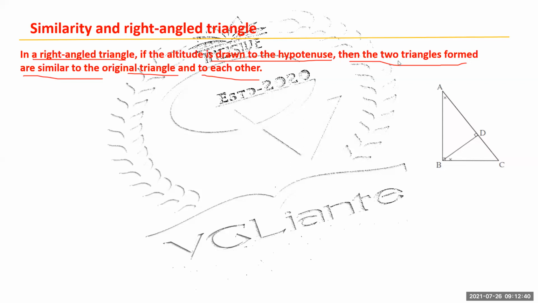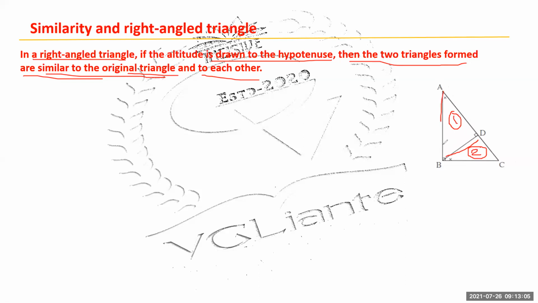Now check, when you are drawing this altitude, what has happened? The original triangle is now divided into two parts. So these two triangles, understand, they are similar to the original triangle. So the two triangles which are formed are triangle ADB and triangle CDB.